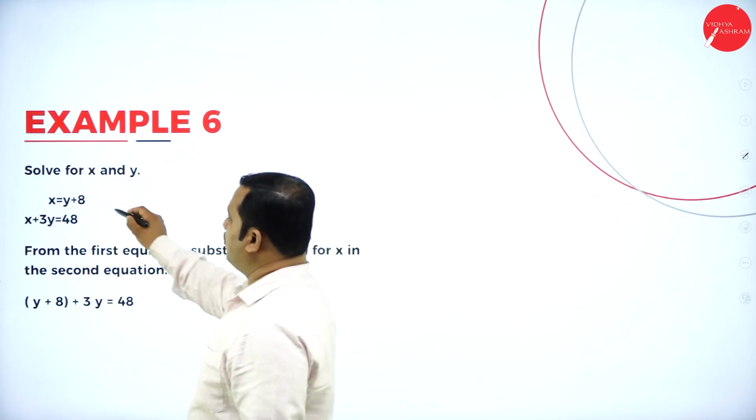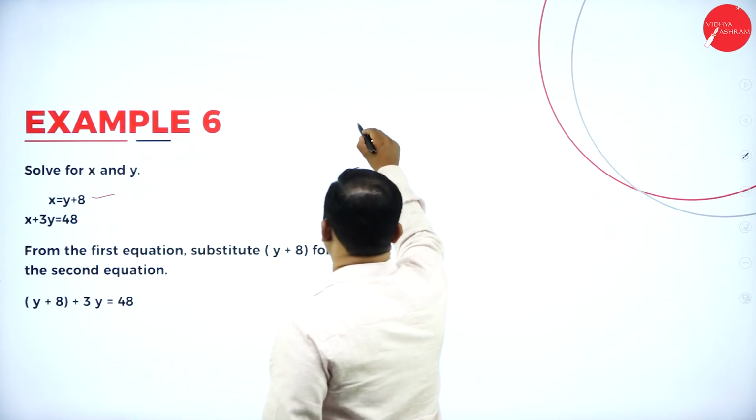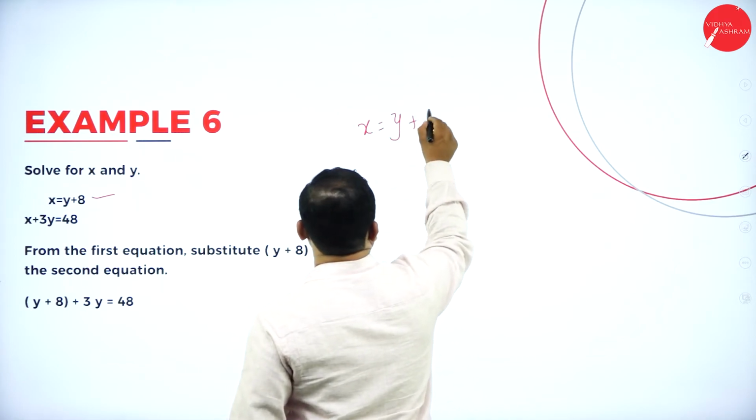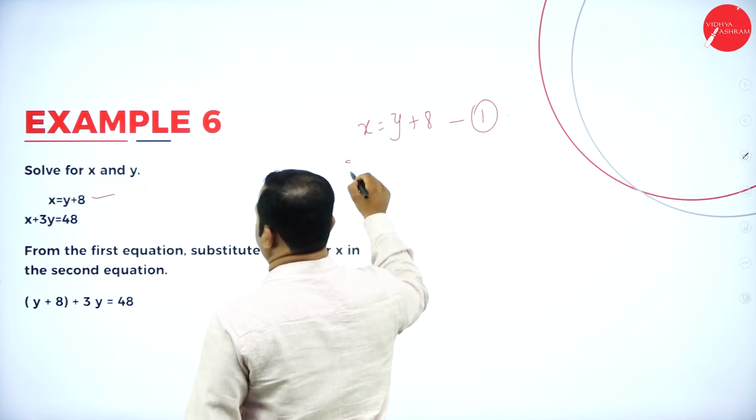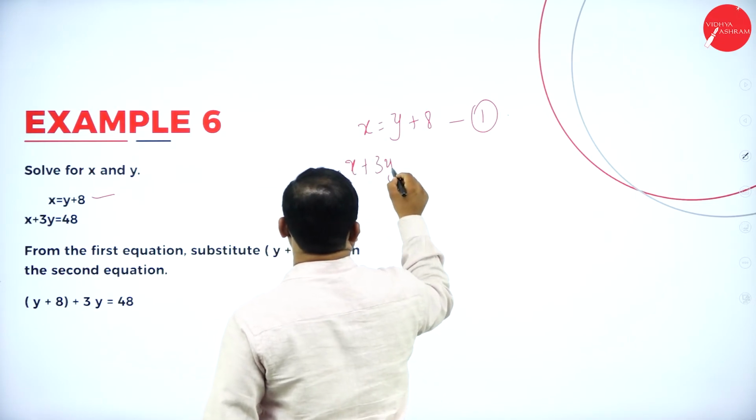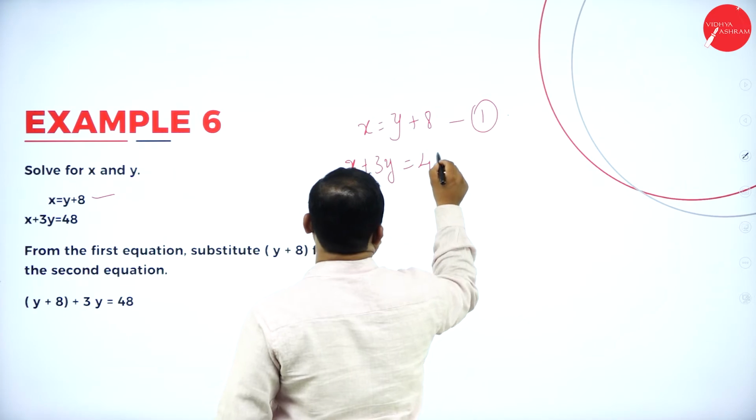Let me consider one more equation, that is x equal to y plus 8 is one of the equations, and the other equation is x plus 3y is equal to 48.